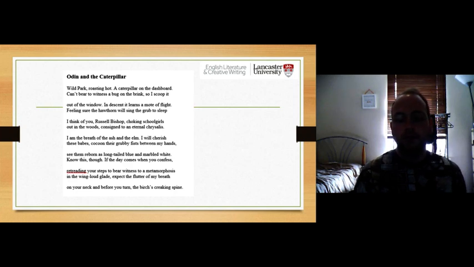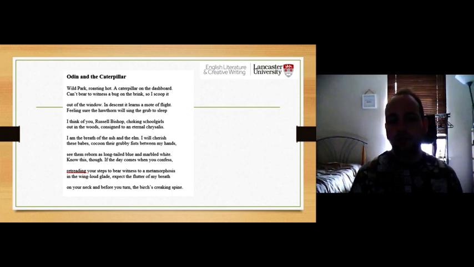Odin and the Caterpillar. Wild Park, roasting hot, a caterpillar on the dashboard. Can't bear to witness a bug on the brink, so I scoop it out the window. In descent it learns a mode of flight. Feeling sure the hawthorn will sing the grub to sleep, I think of you, Russell Bishop, choking schoolgirls out in the woods, consigned to an eternal chrysalis. I am the breath of the ash and the elm.